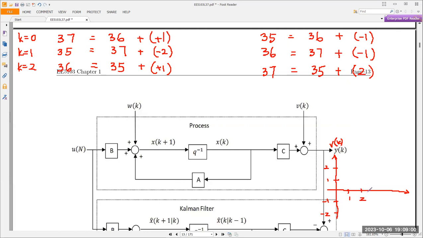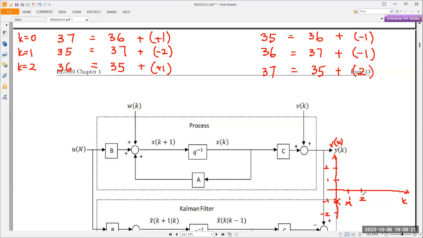When k equals 0, your V is -1, so you have noise at -1. When k equals 1, your V is also -1, so you have this here.